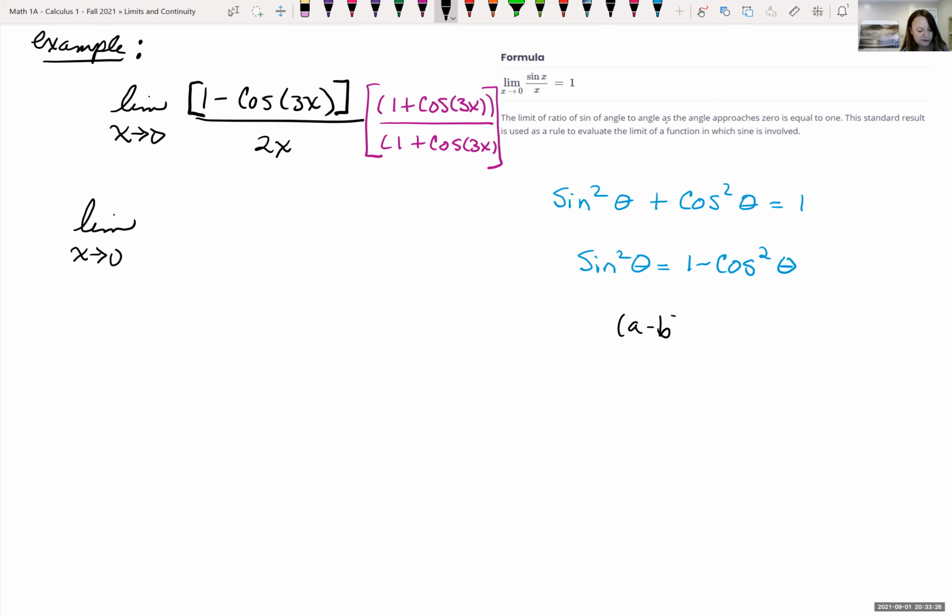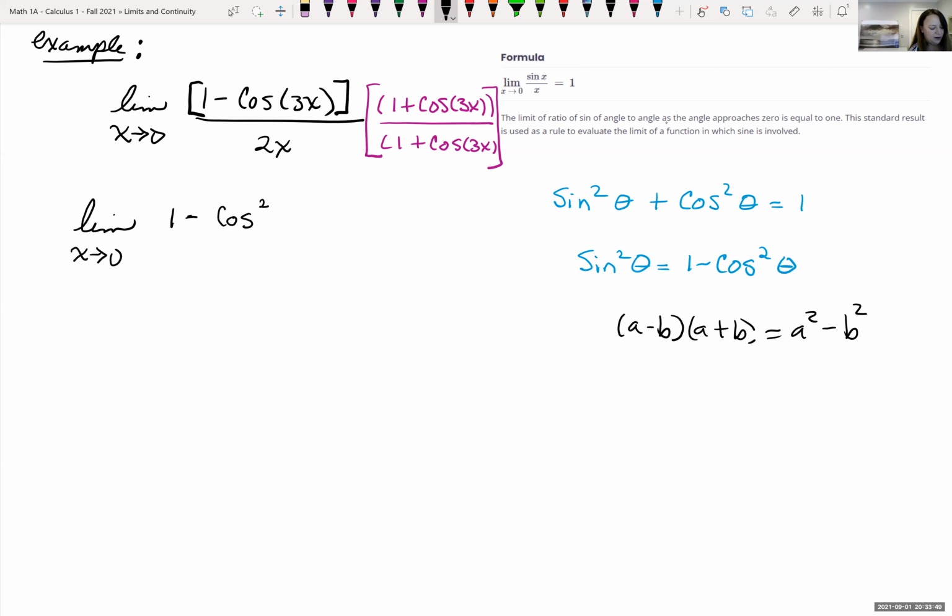We should know that if we have a minus b times a plus b, we can just square the first minus the square of the second. We're going to use this fact over and over again, so we can just do that without having to think about FOILing that out. So 1 squared is 1 minus cosine 3x times cosine 3x. That's cosine squared of 3x.